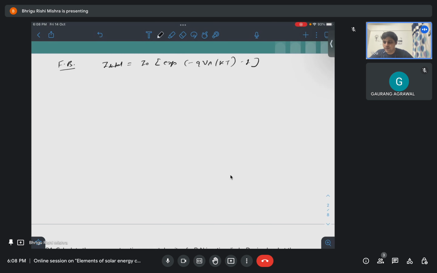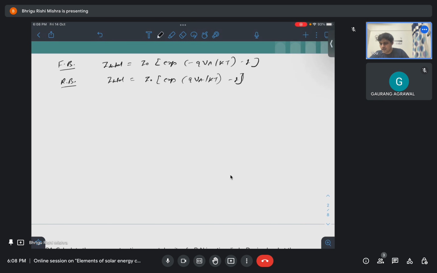There will be two voltages: one is V naught, at equilibrium, and the other is Va, the externally applied voltage. In the case of reverse bias, the total current is I naught times e to the power q Va by kT minus 1.